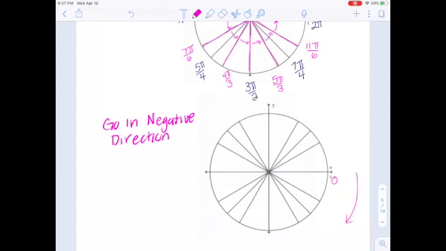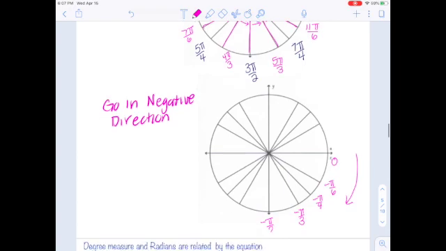All right, so quick fill that in. If you start at 0 and go in this direction, your first angle you would run into is negative pi over 6. And then negative pi over 4, and then negative pi over 3, negative pi over 2. So just cruise around your unit circle just in a negative direction.